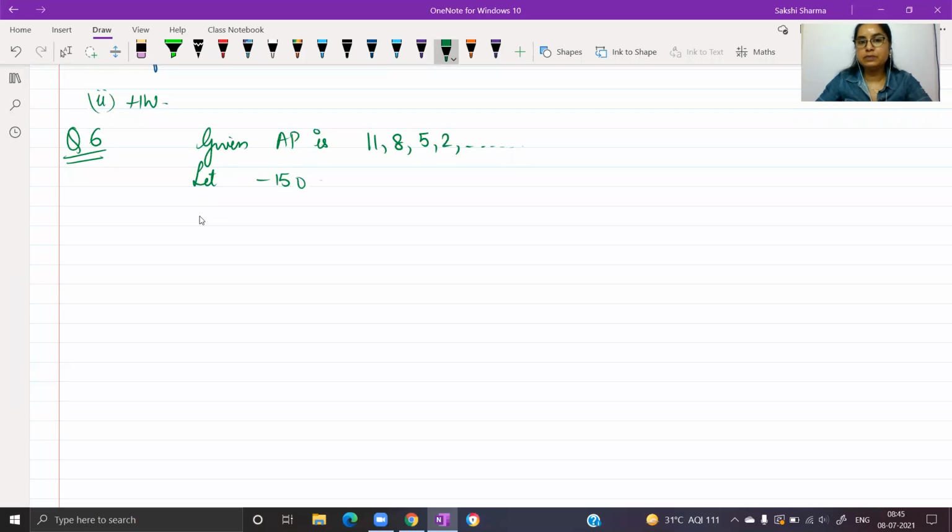Let minus 150 be the nth term, or you can write the same statement as let an equals minus 150. Apply the formula.